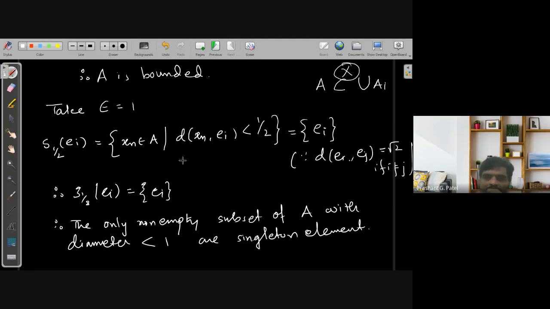But your A is an infinite set because A contains infinitely many points, E1, E2 and so on. So we note that A is infinite.